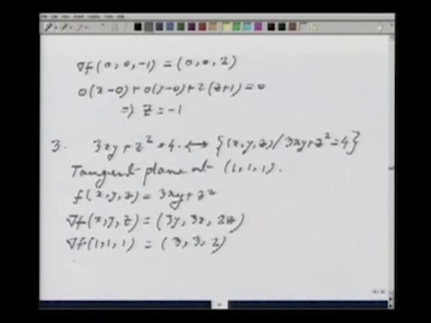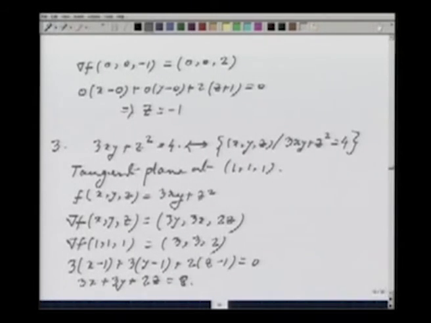So the equation of the tangent plane is 3 into x minus 1 plus 3 into y minus 1 plus 2 into z minus 1 equal to 0. That is 3x plus 3y plus 2z equals 8. Okay, so far so good for tangent planes, but what is the geometric interpretation of grad f?